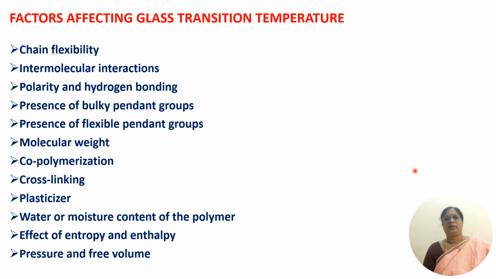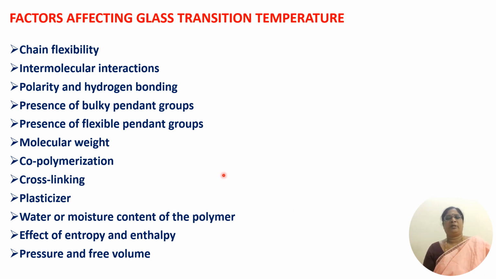The fourth one is the presence of bulky pendant groups. Bulky pendant groups generally increase the Tg of a polymer because they hinder chain rotation and flexibility, thus reducing chain mobility, and it requires higher temperatures for the transition to a rubbery state.